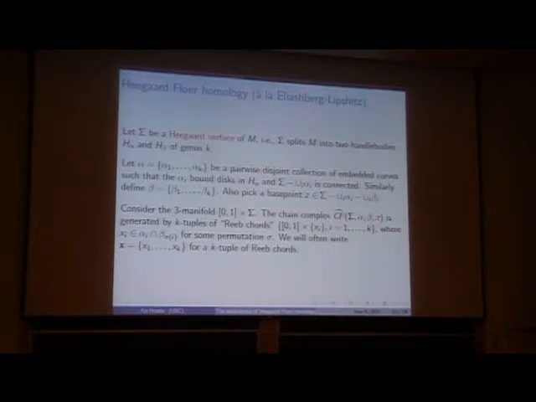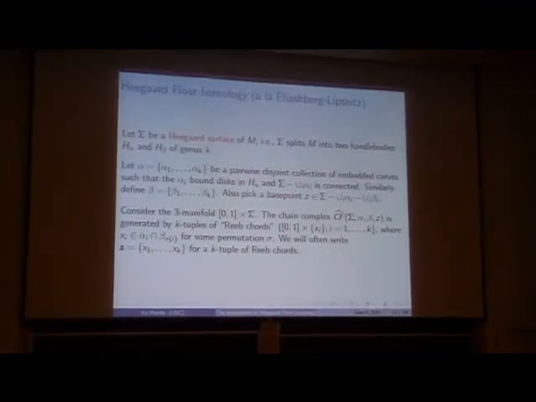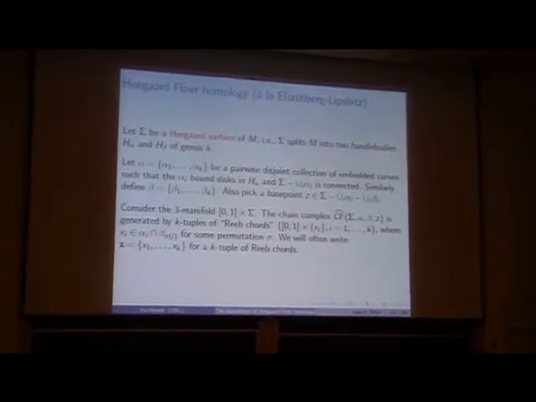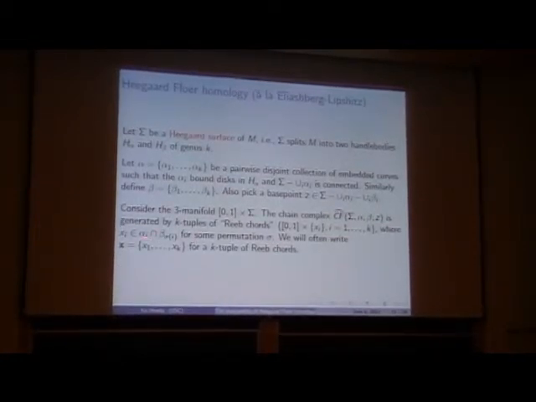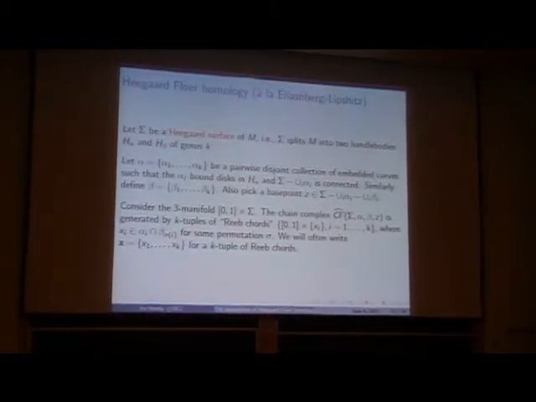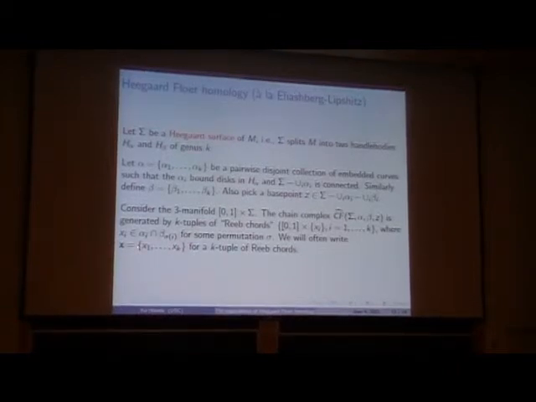The chain complex consists of k-tuples of Reeb chords, [0,1] cross xi, where xi is an intersection point of some alpha i and some beta sigma(i) for some permutation sigma. You're basically intersecting alphas and betas, and then you need to pick one point from each alpha and one point from each beta. And you often write boldface x for k-tuples of Reeb chords to define this.